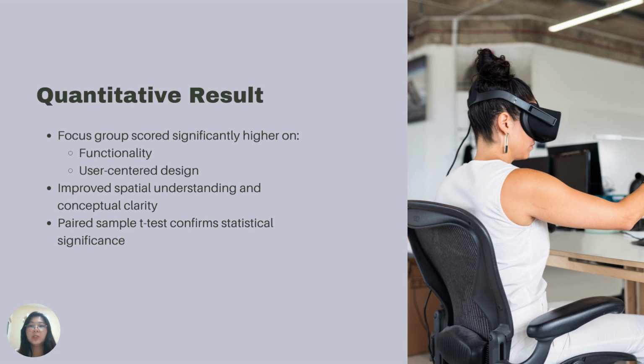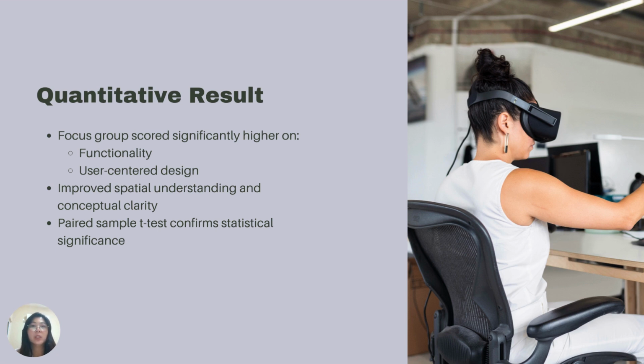The students from the focus group performed better than the control group, especially in these two criteria. They improved the functionality of the products by experimenting with the design in immersive environments, and user-centered design as well.